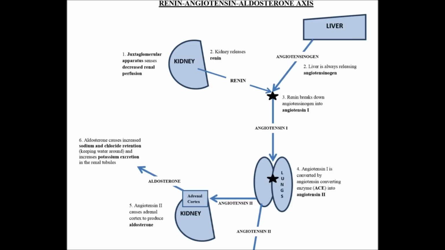So sure, the kidneys can release renin, and that renin can be turned into angiotensin 1. But if you take an ACE inhibitor, in the lungs, that conversion from angiotensin 1 to angiotensin 2 can't happen. And so we kind of break that cycle, this whole system, so that it cannot occur. So we can't then produce angiotensin 2 and can't make aldosterone, or at least can't make as much of it.